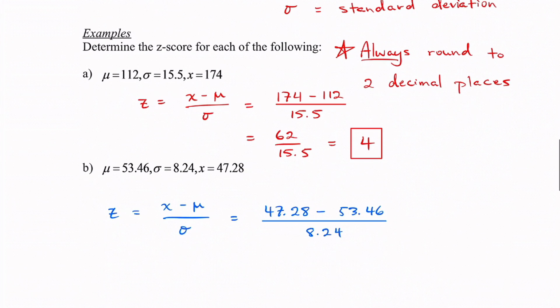So I'm going to first subtract in the numerator. When I subtract those two, you're going to get negative 6.18. And then that's still being divided by 8.24. And then when I divide by 8.24, you get negative 0.75. And that one I didn't have to round. But again, if you have to round, always to 2 decimal places.